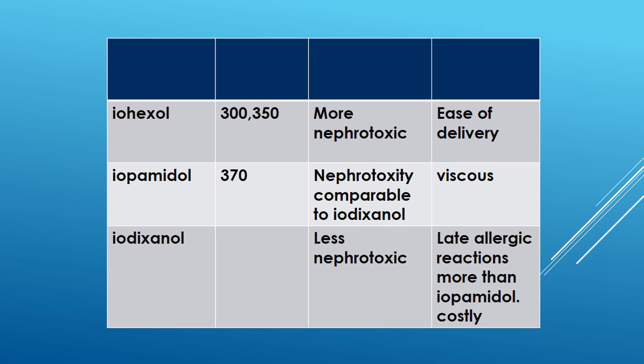But remember, iohexol is more nephrotoxic than iopamidol and iodixanol. Iopamidol has a nephrotoxicity comparable to iodixanol. Now, if I do not have the serum creatinine levels, or if I suspect a potential adverse event due to a poor renal situation, I would recommend iopamidol or iodixanol.